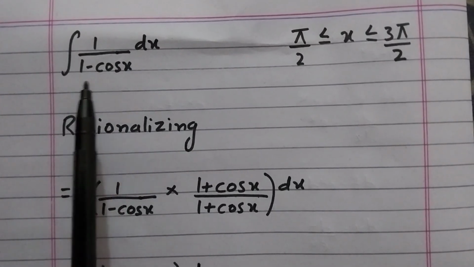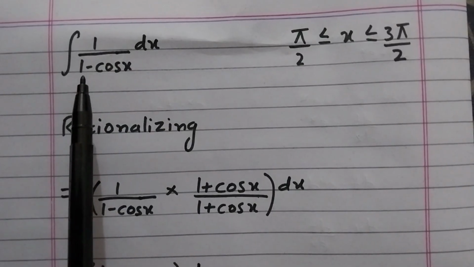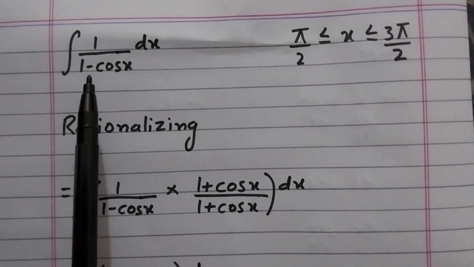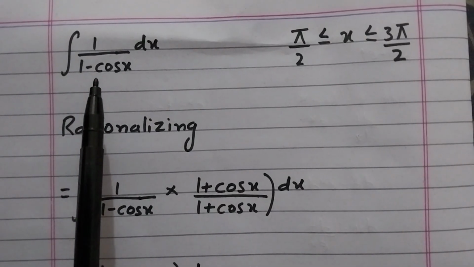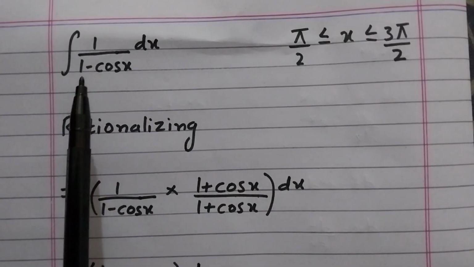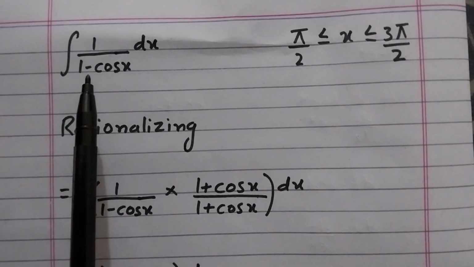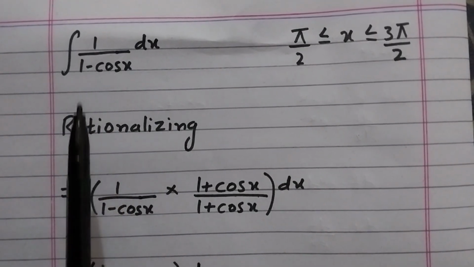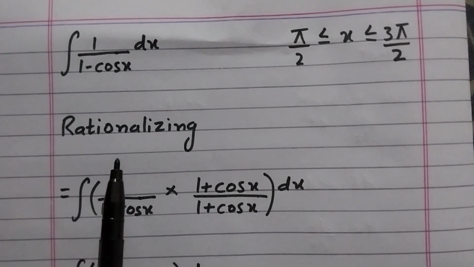Whenever we have two terms, it doesn't matter whether we have a minus or plus sign here, we can rationalize it. And when we rationalize this kind of expression, the integral becomes easier. What does rationalizing mean?